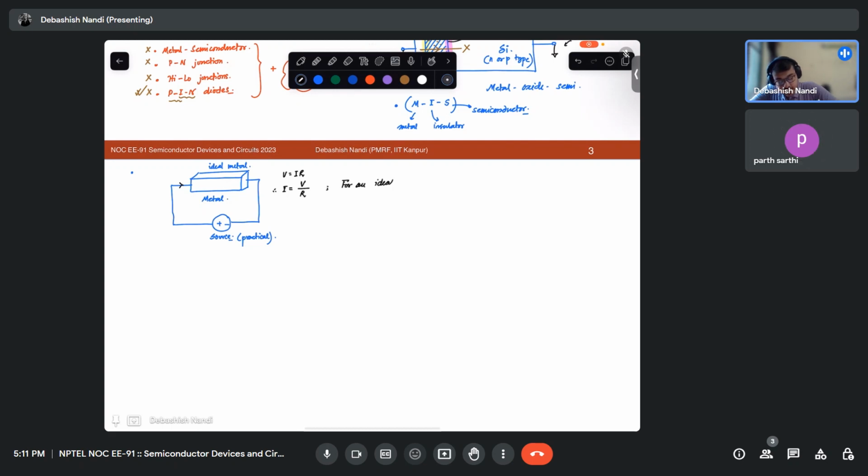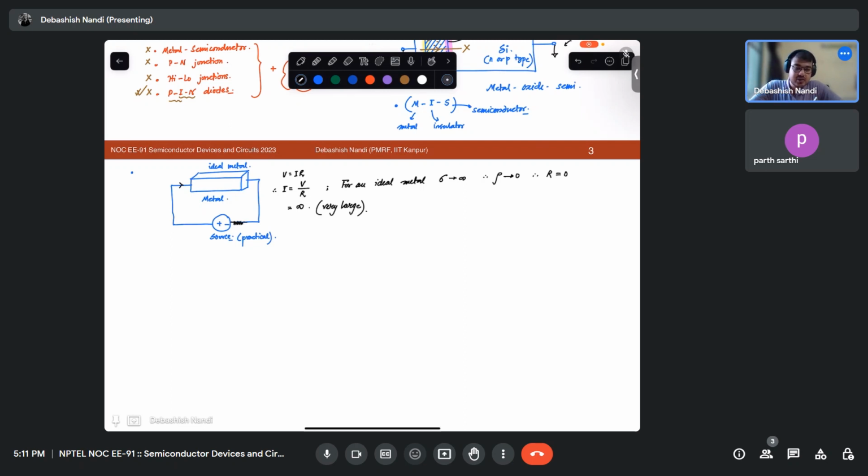For an ideal metal, what is the definition of an ideal metal? Sigma is infinity, that means rho is 0, that means your R is 0. That means infinite current will be flowing, or basically it will be very large. And why very large? Because you always have a source resistance in series with the battery.